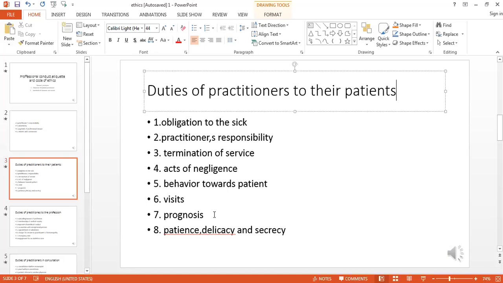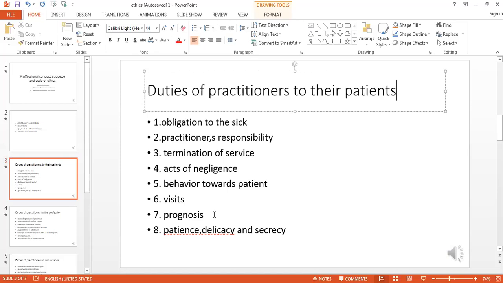about his prognosis. In cases of dangerous manifestation, he shall not fail to give timely notice to the family or to the friends or to the relatives of the patient, and also to the patient when it is necessary.